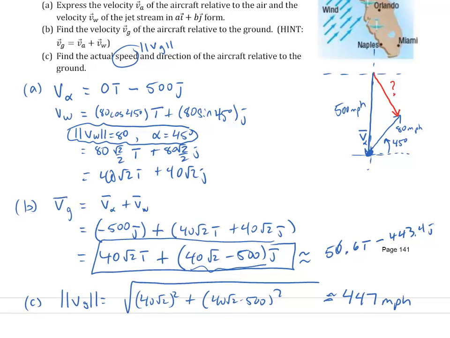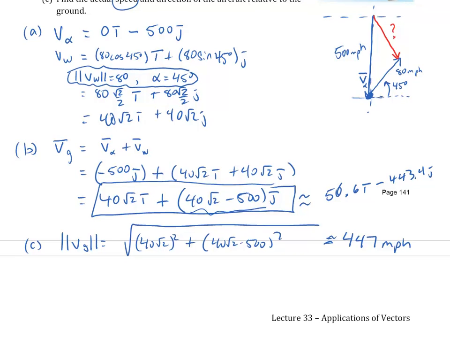So where is this vector? To figure out its direction, we're going to have to know where it's located. Since its x component is 56.6, which means it's positive, and its y component is negative 443, that vector is down here in quadrant 4.